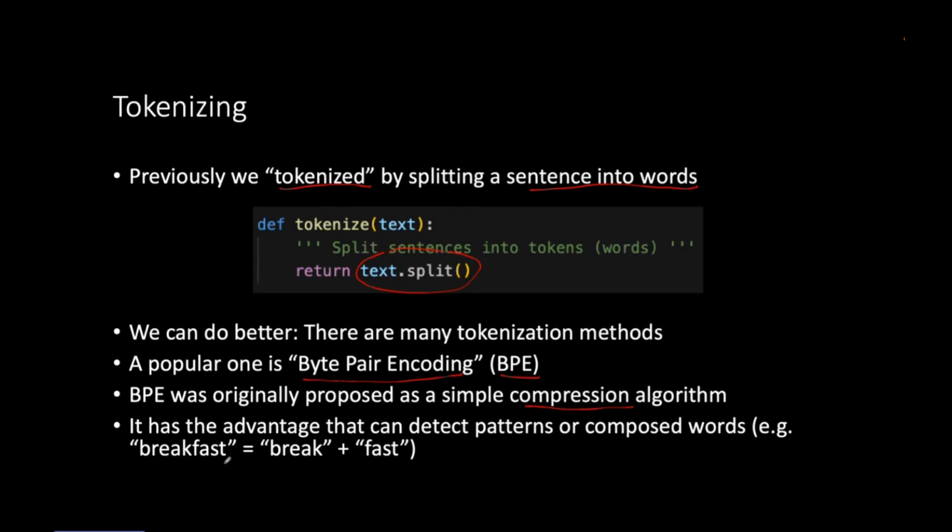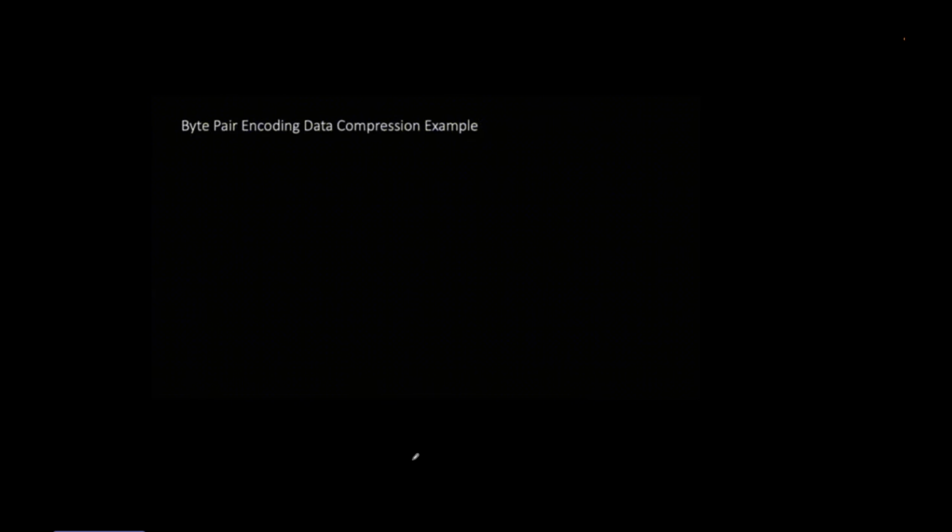A naive example is the word breakfast. It's break plus fast, so instead of having one token for one word, it would have two tokens, and that might allow machine translation to perform better, particularly in languages that have a lot of composed words.